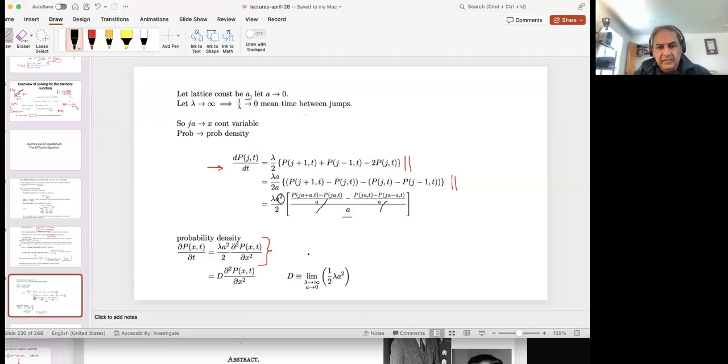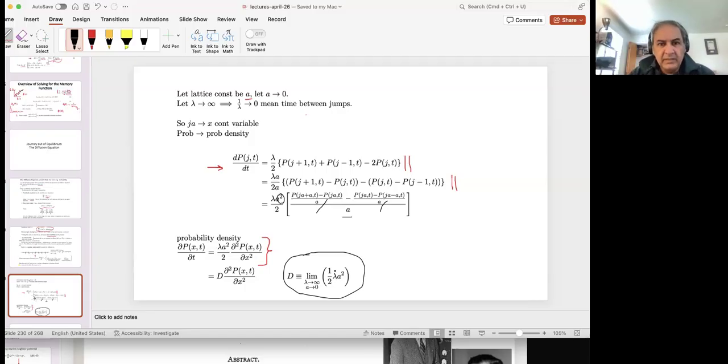excepting that D is now written as this quantity, 1/2 lambda a square, where lambda goes to infinity, a goes to 0. So D is now given form. The form has to do with the lattice constant, and the form has to do with this rate, lambda. 1 over lambda is the mean time between jumps. So this is the mean residence time.